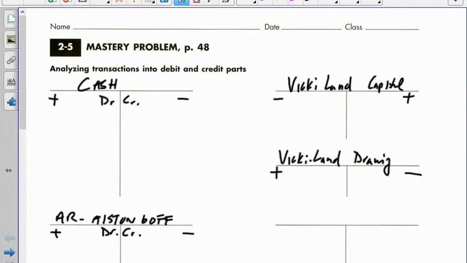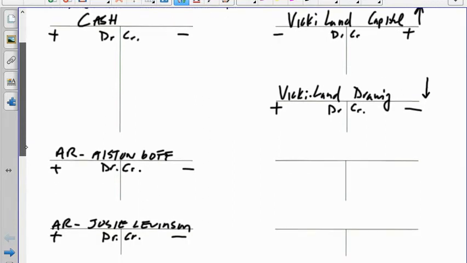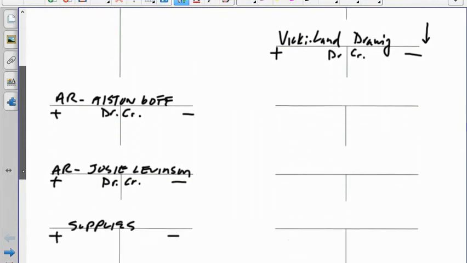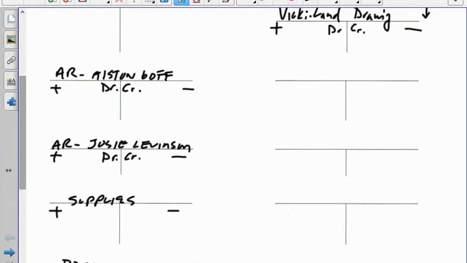It is a reduction in the owner's claim to the business, so it is going to have the plus and the minus on the opposite side. Debits are still left, and credits are still right for both of these accounts, but whether they increase or decrease depends on whether they increase the owner's claim to the business or not.